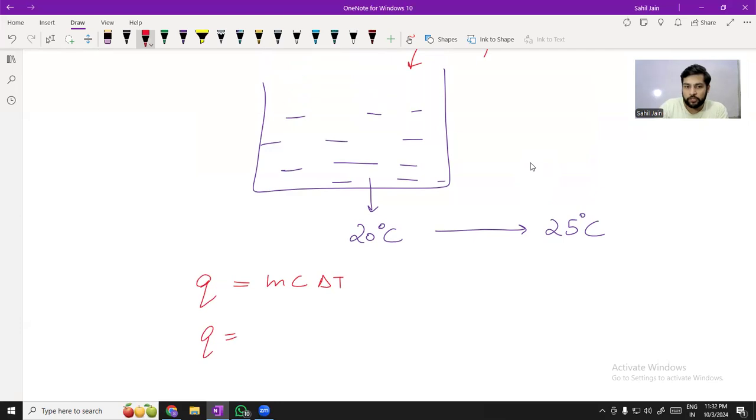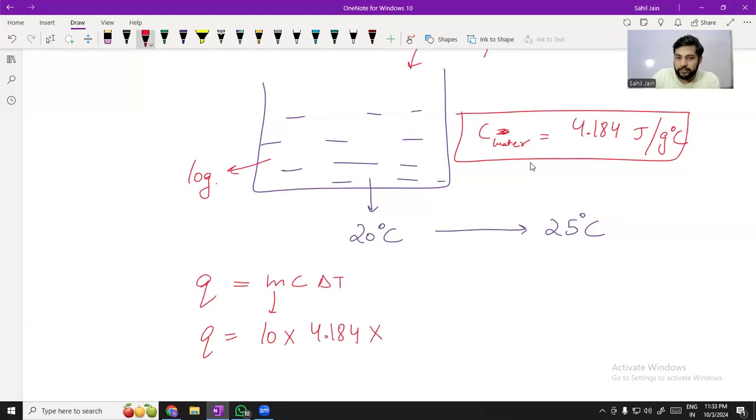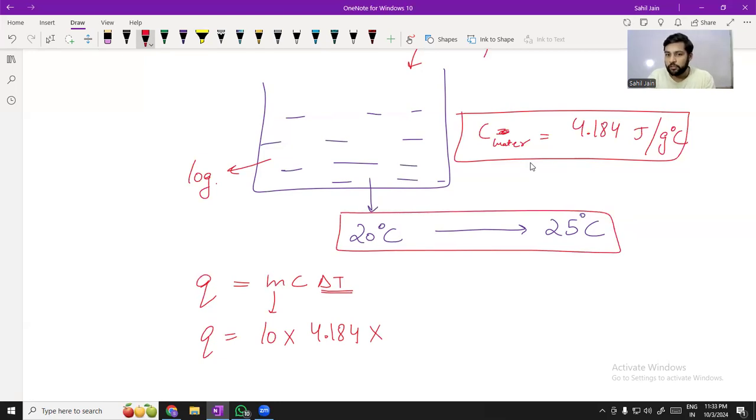M is the mass of water. Let us say we have 10 grams of water, so M would be 10. Now C is specific heat. For every material, it has a fixed value. For example, for water, the value of C is 4.184 joules per gram degree Celsius. I will put this value over here, 4.184, and delta T, that is the change in temperature I want.